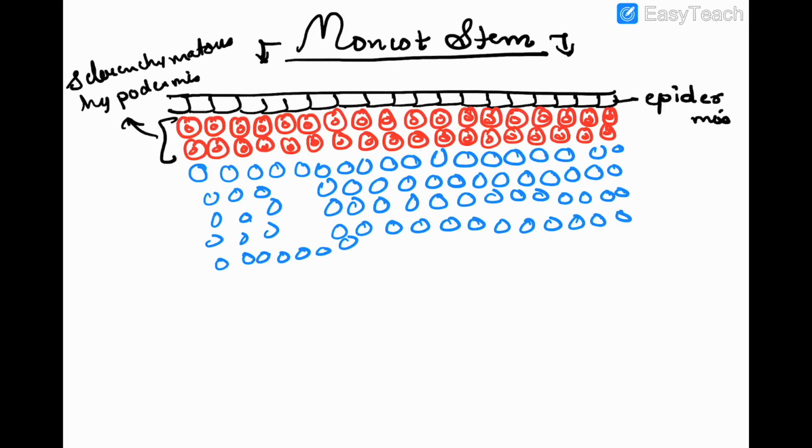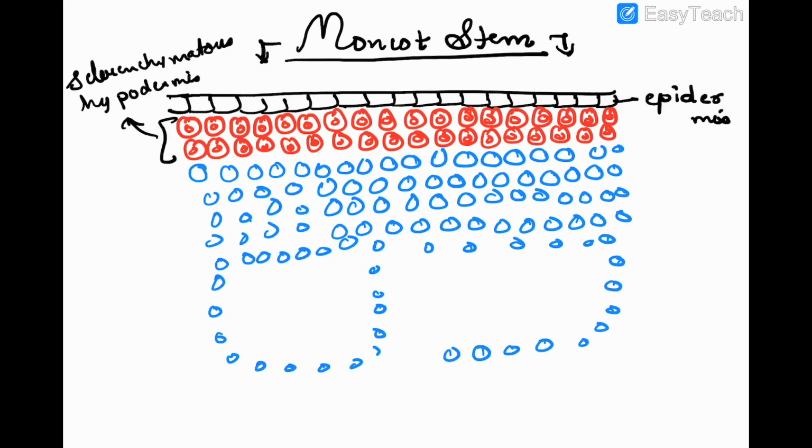So these are the cells of parenchymatous cortex. Now in between these cortical cells would be present the scattered vascular bundles.